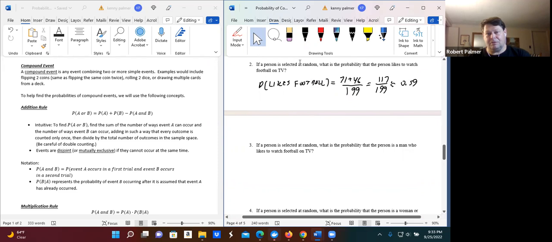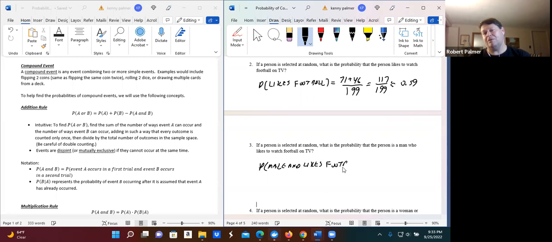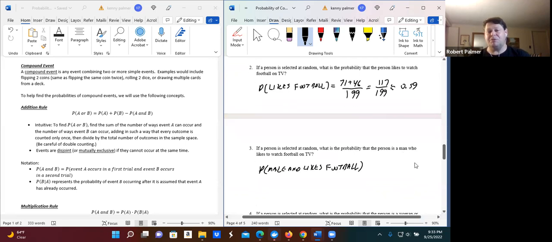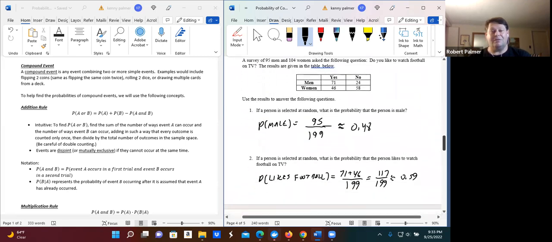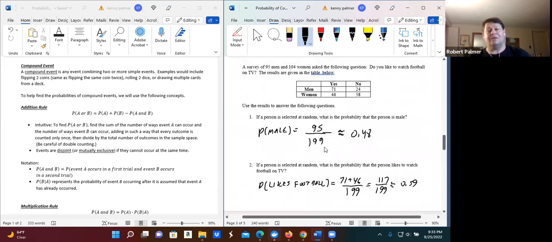This time, this is the probability of being male and likes football. So this is a compound event. The other two are more or less simple events. This is a compound event: it's being someone who is both a male and likes to watch football on TV. So this is kind of like an and question, where they intersect.